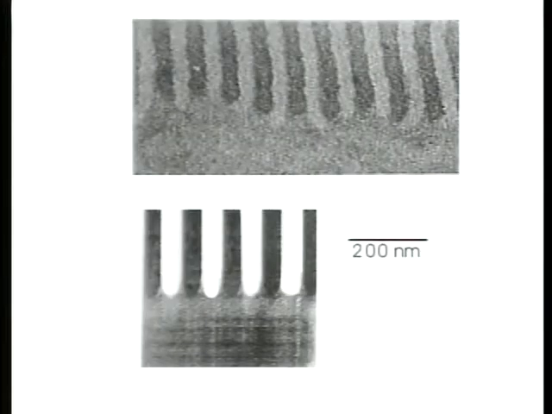In this image, we see two photographs. On top is a transmission electron microscope image made from a polystyrene polybutadiene block copolymer blend. This is made in a region where one would expect to see flat interfaces forming, lamellae.